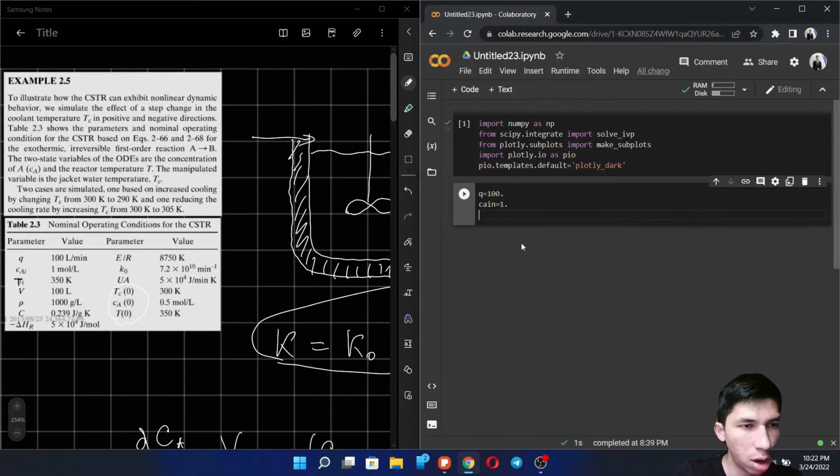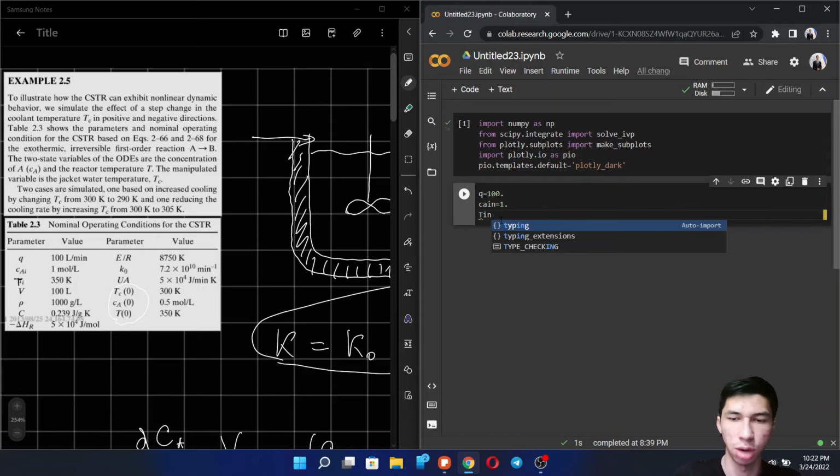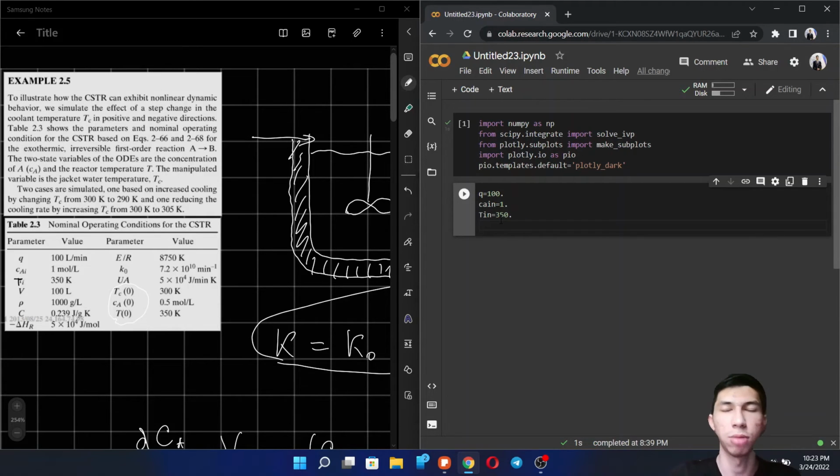And we have our temperature, right? Which is going in. So it's going to be 350 dot. And I'm not inputting the units because we already have that in the question, but we can input them and comment them so that they are not a part of our code.